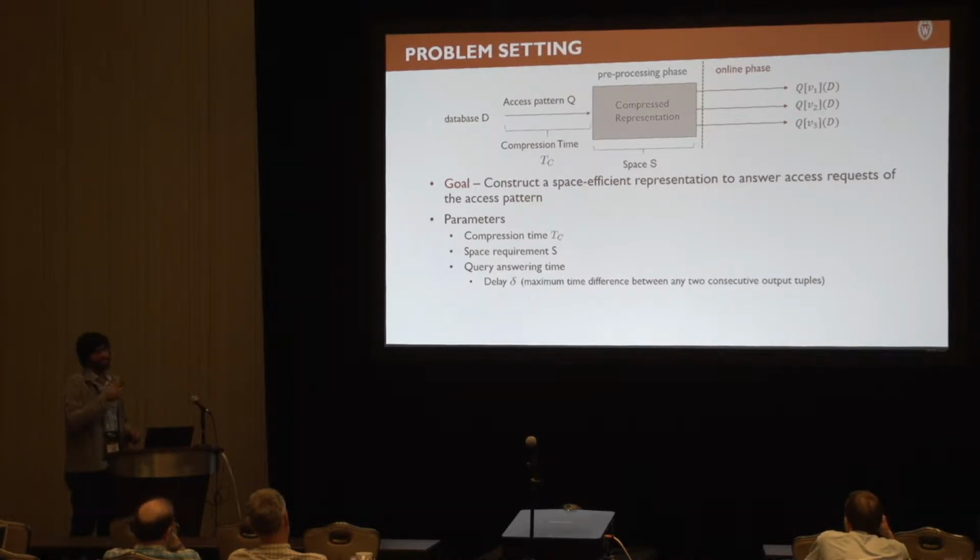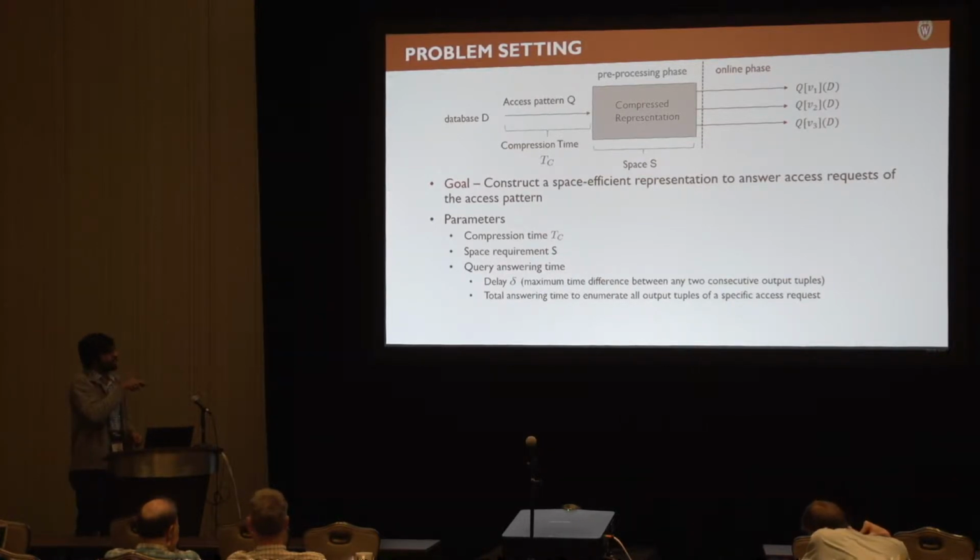By delta delay, I mean the maximum time difference between any two consecutive output tuples should be bounded by delta, as well as from the beginning of the procedure to the first tuple and the last tuple to the end of the procedure. And the second notion is that of the total answering time for a specific instantiation of the query. Note that if I have the delta delay requirement, then the total answering time is trivially bounded by delta times out. But we will look at cases when we can say something better than just the trivial delta times out guarantee.